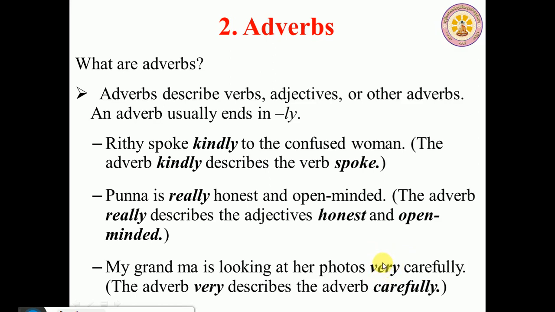The adverb very is used to add more meaning to the adverb carefully, to tell how strong the adverb carefully is. So an adverb is used to add more meaning to another adverb. An adverb is used to add more meaning to an adjective. An adverb is used to add more meaning to a verb.